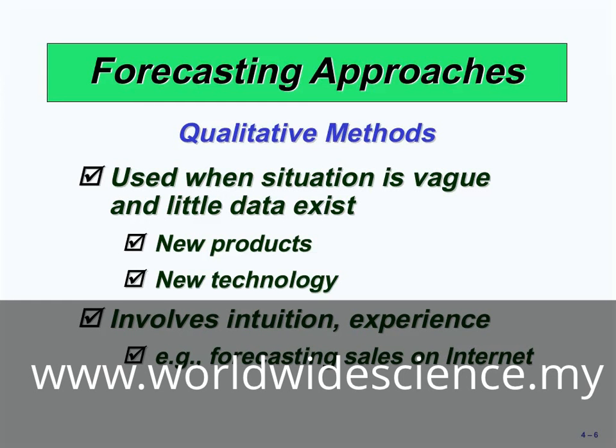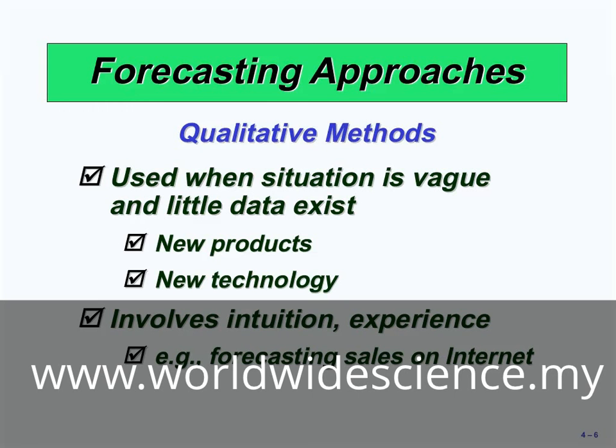And sometimes you want to forecast the inflation rate. For example, you can use magazines and newspapers, and you can go to an exchange organization. Okay, those are examples of this.